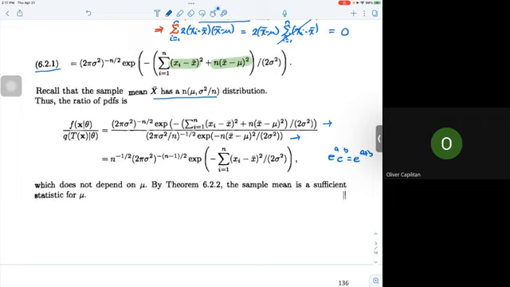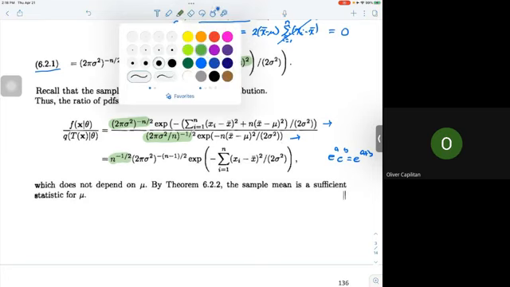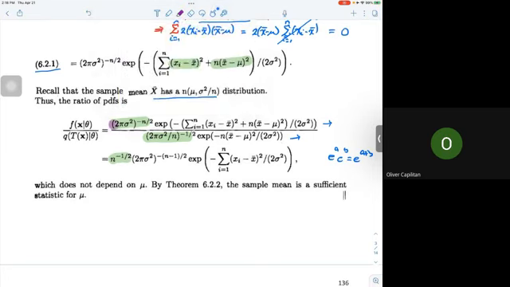For example, this, and this. We can take out from our denominator the n to the negative 1/2. So what is left are the parts that are not the same: this, and this. So the negative n over 2, and then minus 1/2. Okay, so we have these results.